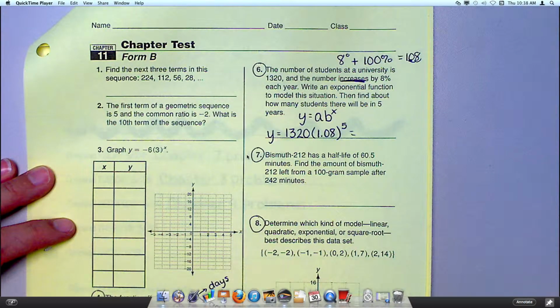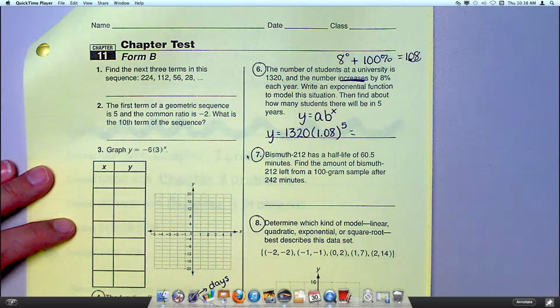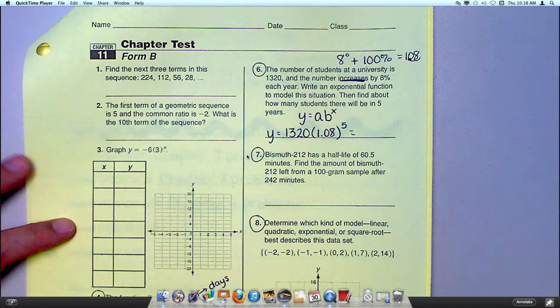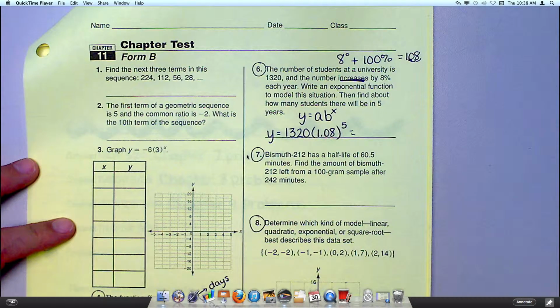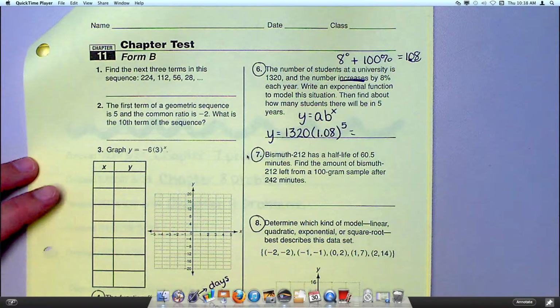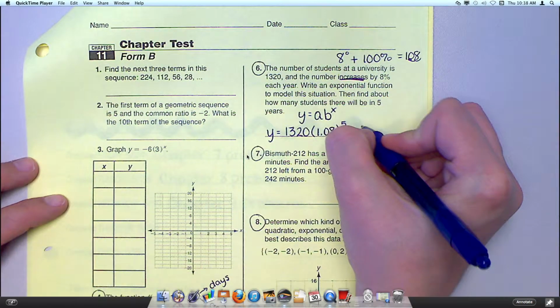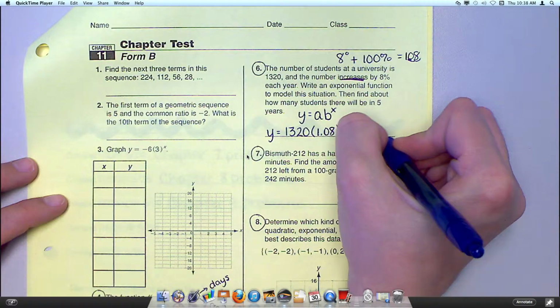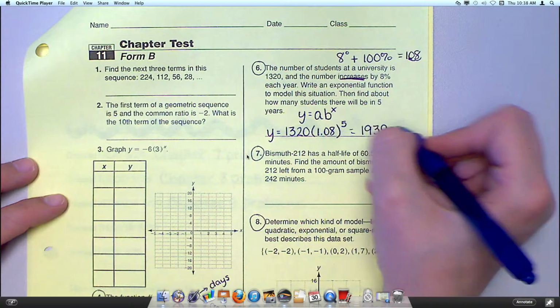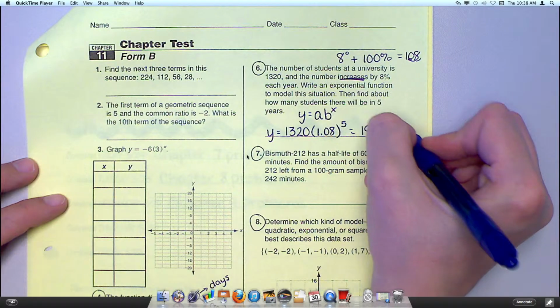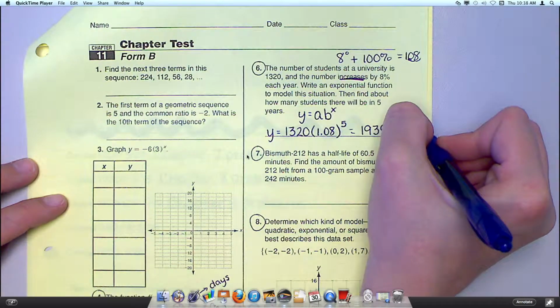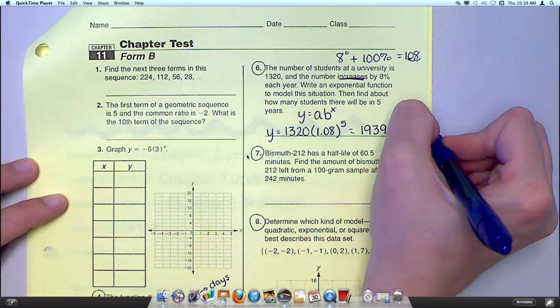What'd you get? 1939.5. Okay, and what are we talking about? How many students? People. Yeah, I would take 1939 or 1940. You could round up or down on that one since it's people, but don't leave me decimals. I don't want half people, okay? Students. Okay.